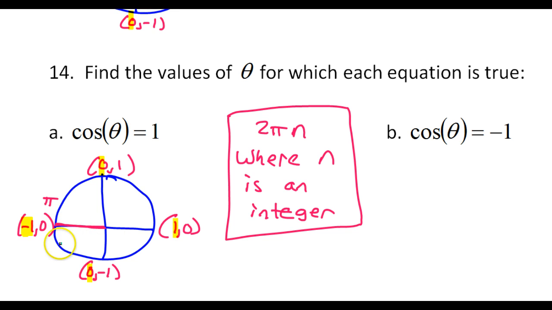But then I can get to pi again and again by going all the way around. So I can say pi plus 2 pi n, where n is an integer.